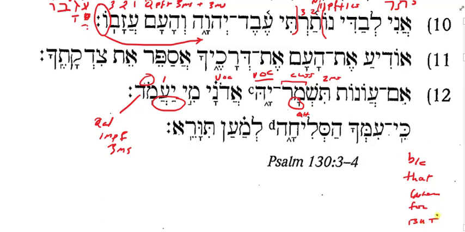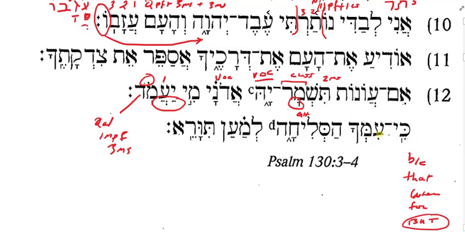That is to say, a ki can also introduce what's called an adversative clause, a clause that is stated as the counterpoint to something. Like when God tells Sarah, no longer will your name be Sarai, but ki Sarah. And I think that this might be the case here.